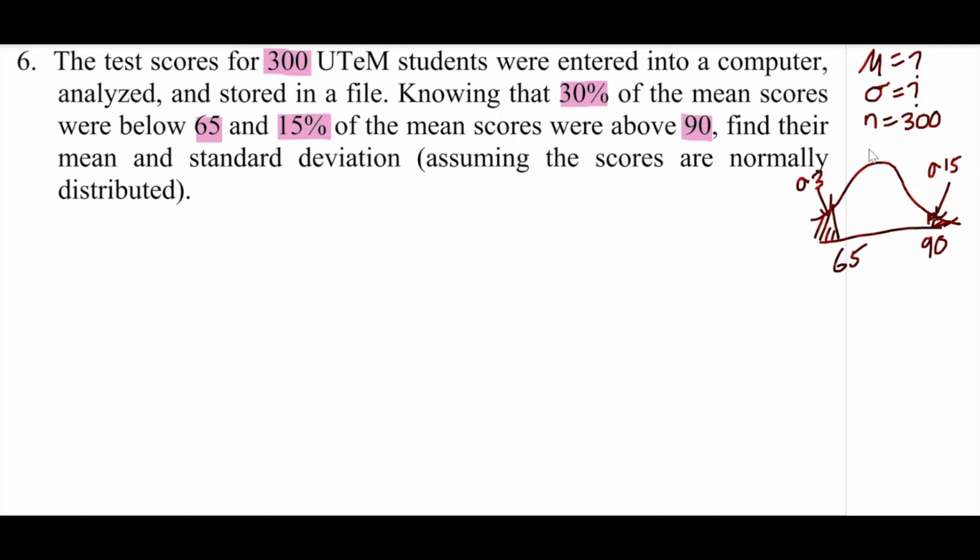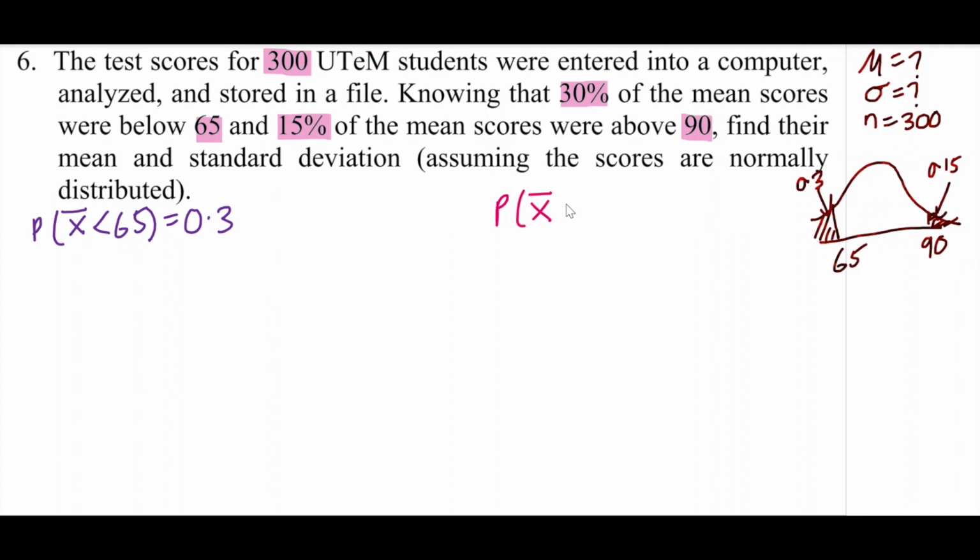Now, after illustrating the question, I would translate this into our statistical form. So we have the probability that the mean scores were below 65 is 30%, and the probability that the mean scores were above 90 is 15%.